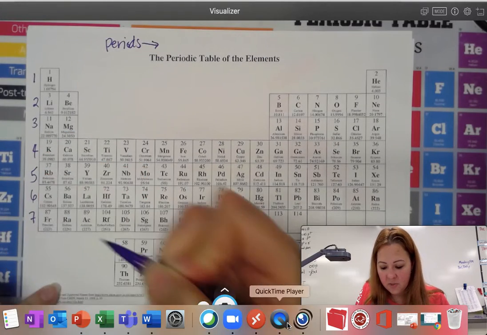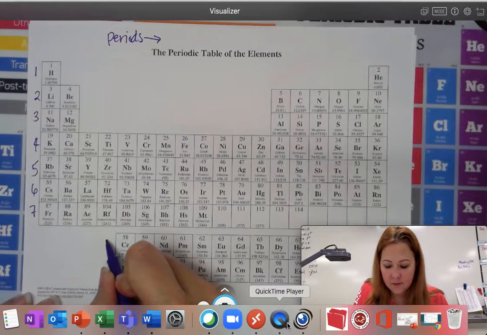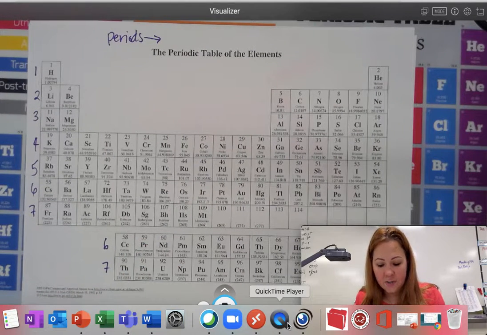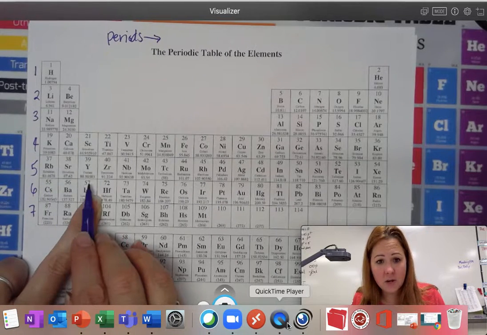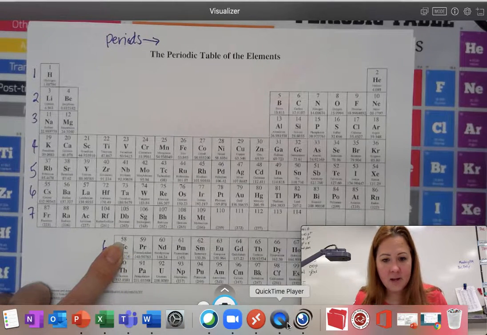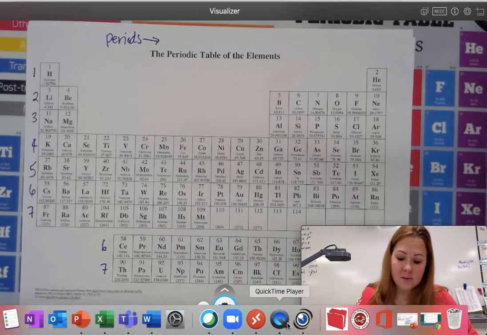This cerium and thorium, like going across here, these are a part of period number 6. These are a part of period number 7. So they fit into the periodic table as we're counting across 55, 56, 57, 58 jumps down here. You number down to lutetium at 71 and then back up to hafnium across at 72. So there's 7 periods going across.